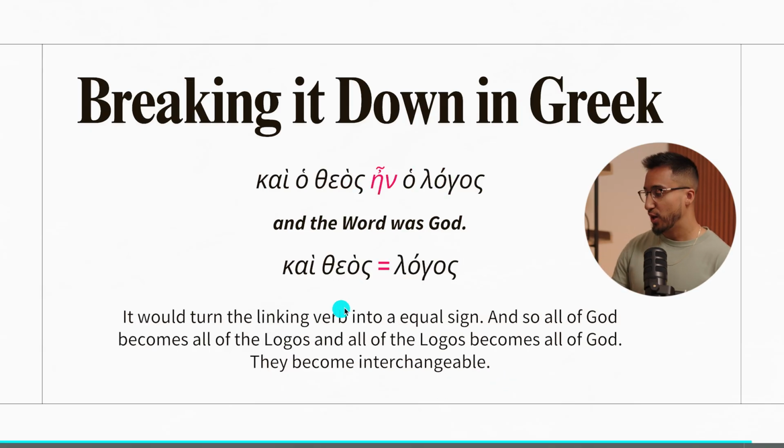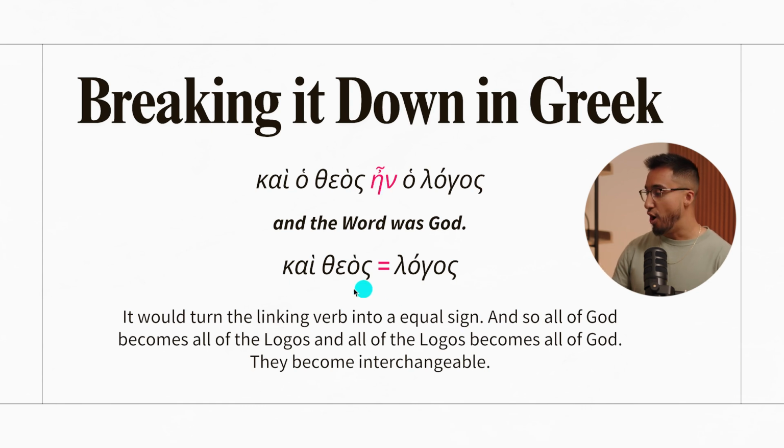Why? Because it would turn the linking verb into an equal sign. And so all of God becomes all of the Logos, and all of the Logos becomes all of God. They become interchangeable. No matter how you want to put it, Jesus is God.